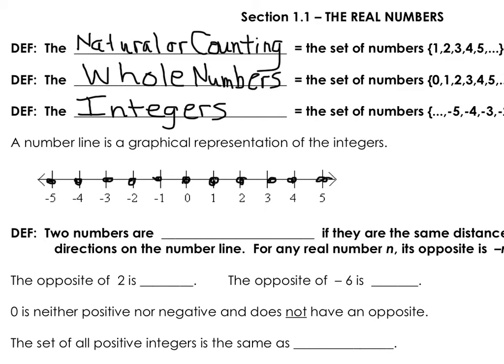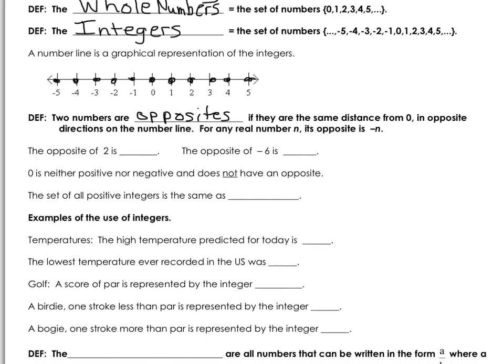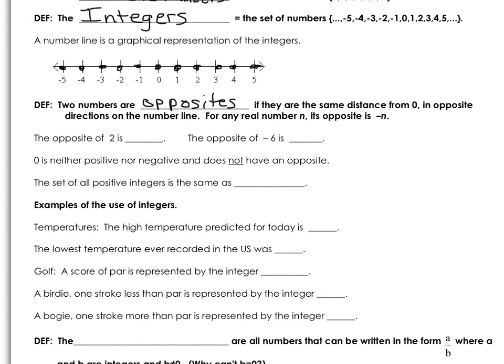So, two numbers are opposites if they are the same distance from 0 in opposite directions on the number line. For any real number n, its opposite is -n. The opposite of 2 is -2.